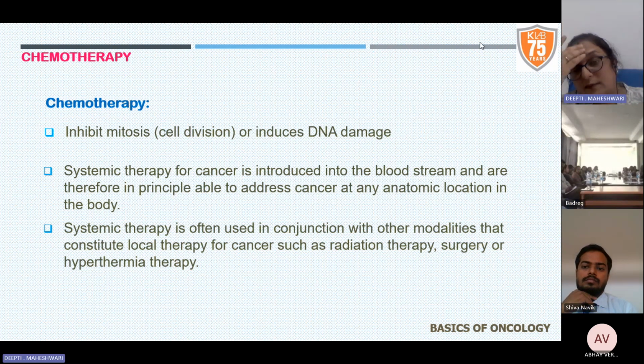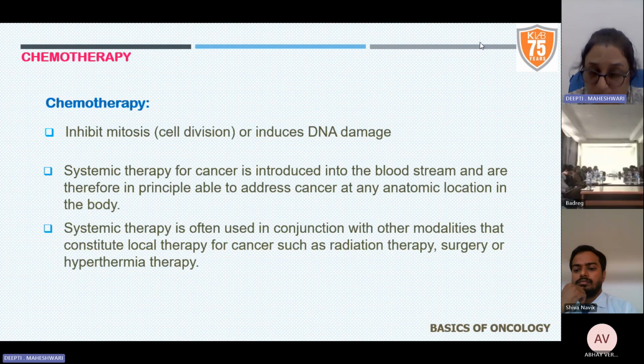Now, what is the principle behind chemotherapy? I'll just explain. Basically, chemotherapeutic drugs are designed in such a way that they can damage or kill the fast multiplying cells. As we know, cancer has abnormal cells, plus these cancer cells are fast multiplying. That means they multiply very fast in comparison to the normal cells.